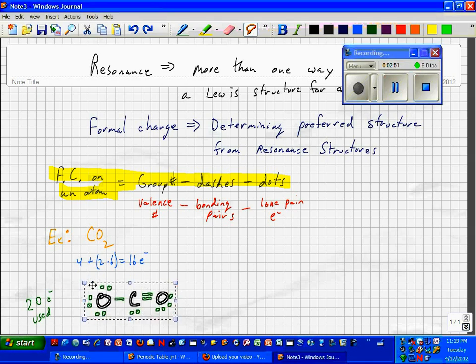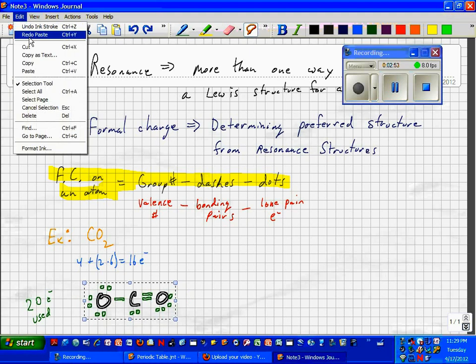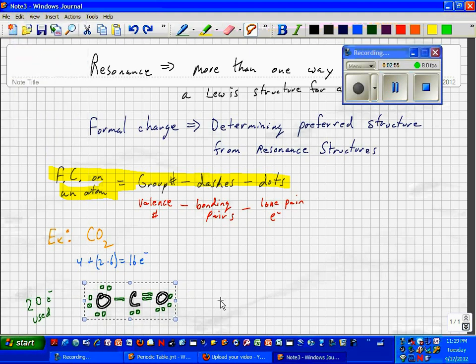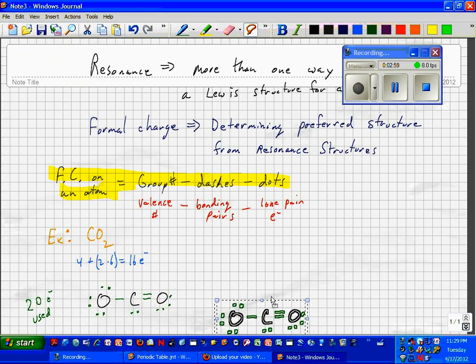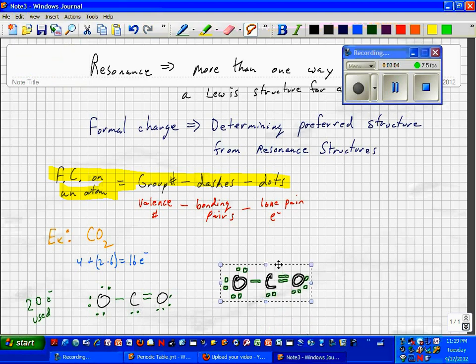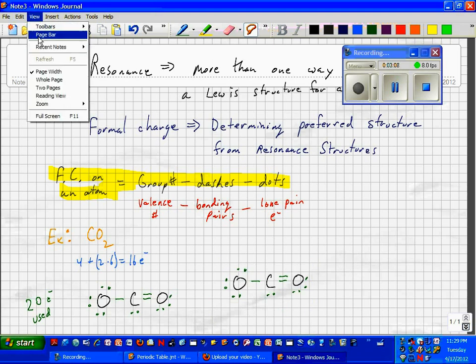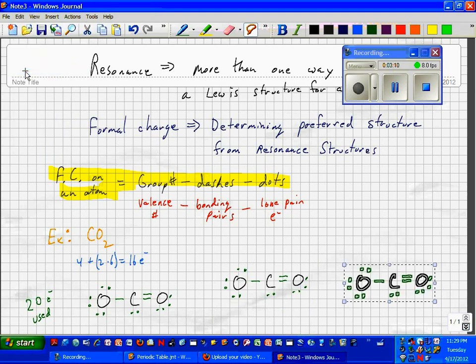So let me copy this and make one more copy here. All right, so I've got several copies of this.